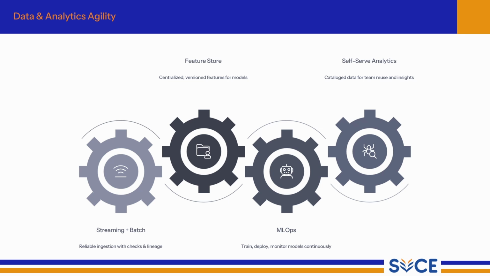Next one, feature store, that is centralized versioned features for models. A feature store is like a well organized pantry. All ingredients, features, are versioned, reusable, and ready for your machine learning recipe. Features once, models many. Next one is MLOps.